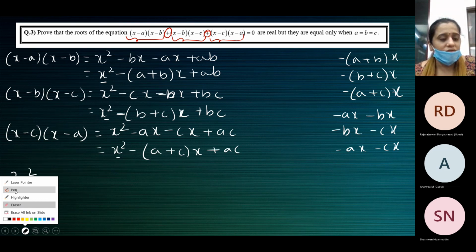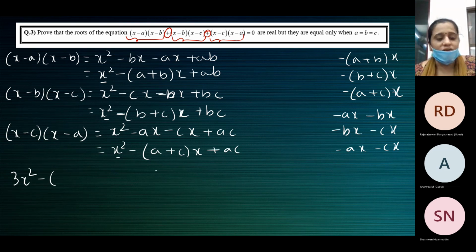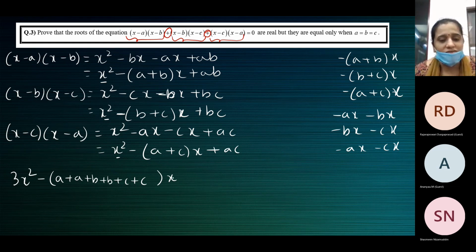Minus, you'll get an x outside. What will come here? Minus (a plus a plus b plus b plus c plus c), correct? See, you can multiply and check. Minus ax, minus bx, minus cx.